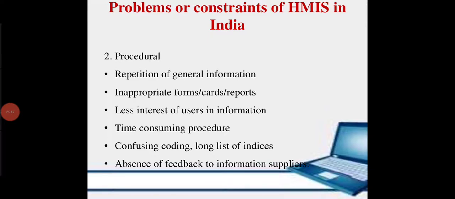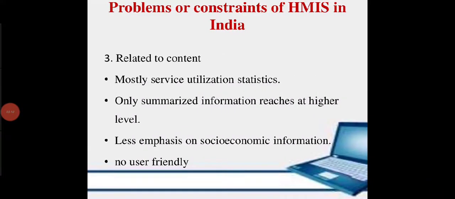Okay, these are the other problems in the procedure itself. It is very time-consuming, and sometimes we will use the wrong cards or reports, and the coding is very difficult here, and the feedback will not be present sometimes.